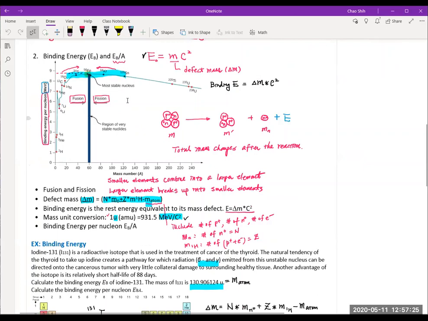It will be fission. In fission you start with uranium, from this one here, then you break down into smaller pieces, and that's what we call fission. Fusion is more like a hydrogen bomb, where you combine two hydrogen to create helium, and it will create a big energy as well.